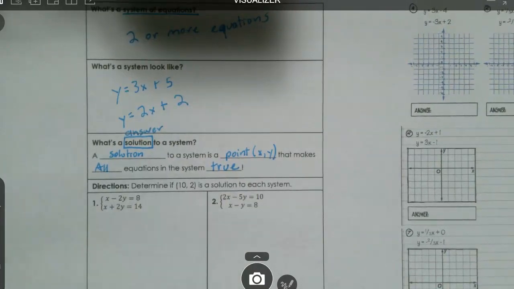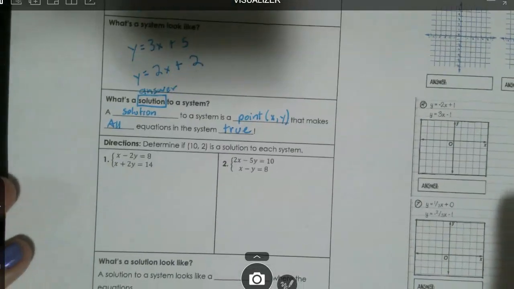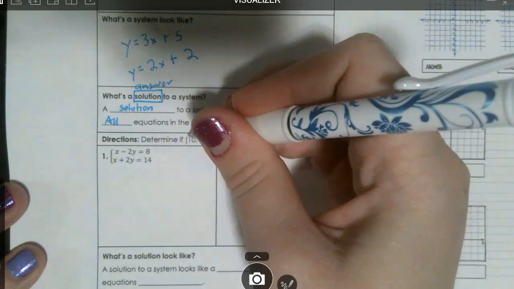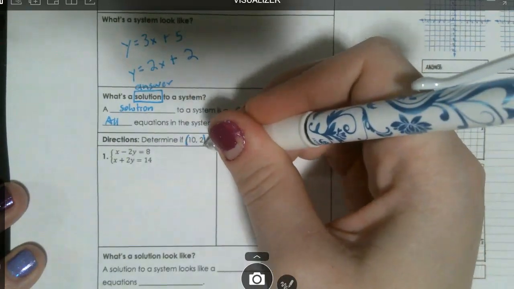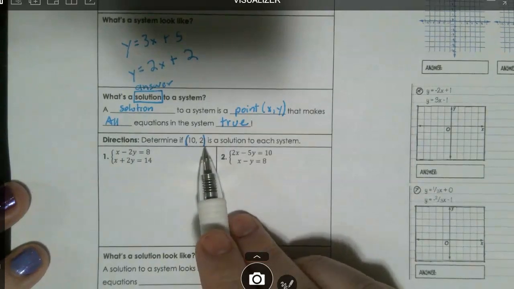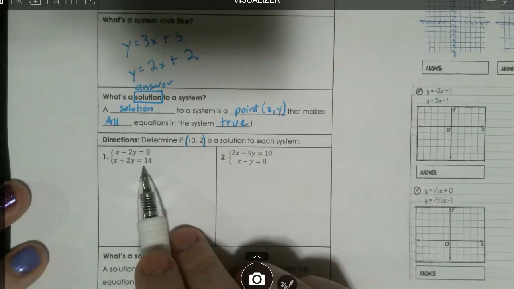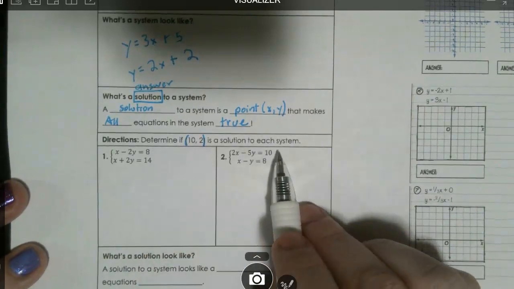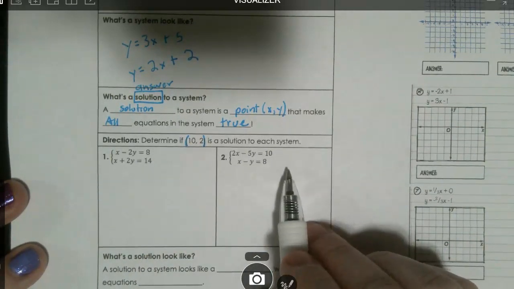Okay, so to see what this looks like, we're going to do some example problems we're going to explore. So this one says we have a point here. The point is at (10, 2), and we want to know if this point could be a solution to these equations. And then we're also going to do the same thing with problem number 2.